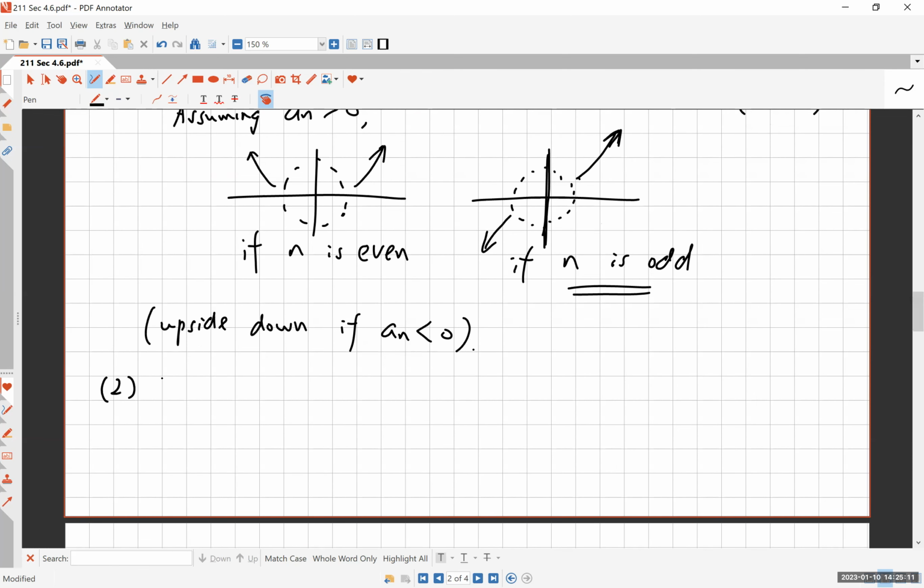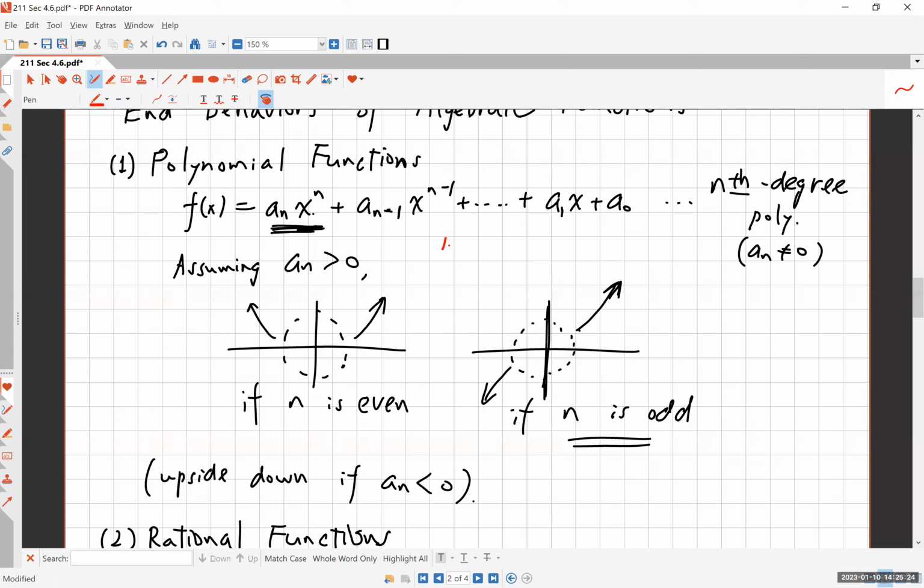All right, number 2, rational functions. Now these are pretty difficult to graph, and all kinds of things happen. By the way, polynomial functions, I should also say, are very nice. Why? Because of the domain, there's no exclusion. Every x is welcome.